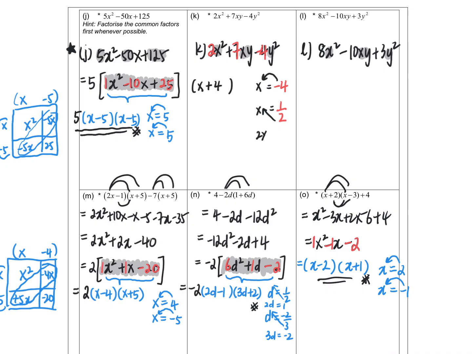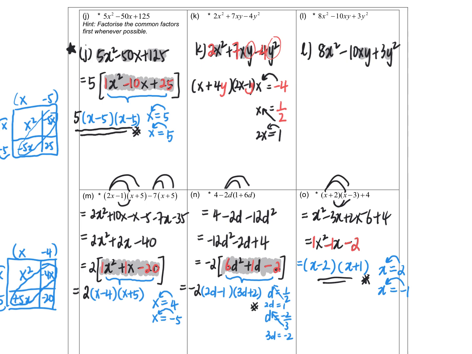This one will be 2x minus 1. Okay, but the problem is, this question has a y. So for the first variable, there's x. The second one, you must forcefully add in a y. So instead of 4, you must put 4y. Instead of minus 1, you must put minus 1y. That's the only thing you need to do extra.